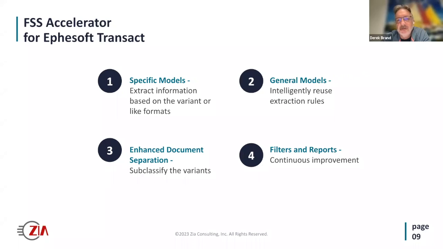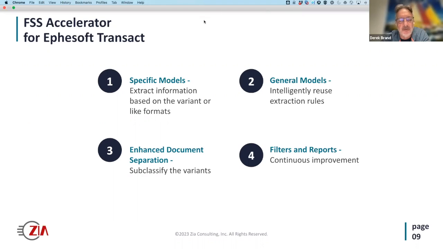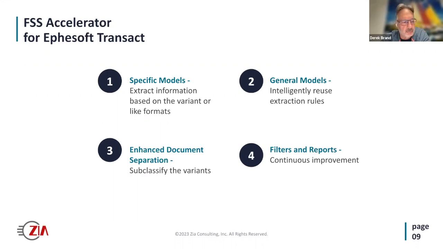So we started by trying to adopt the approach that Pat was saying, which is the out-of-the-box Ephesoft approach, which is effectively have a single document type for invoices, a single document type for credit notes, etc. Pool all the rules and try and manipulate the prioritization of those rules.